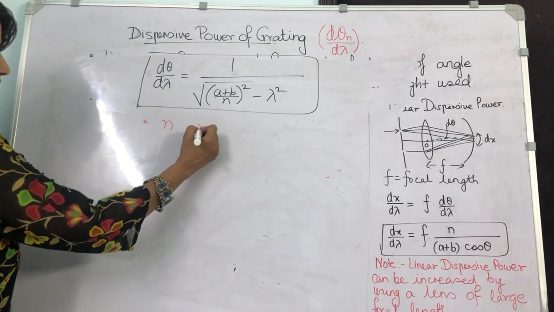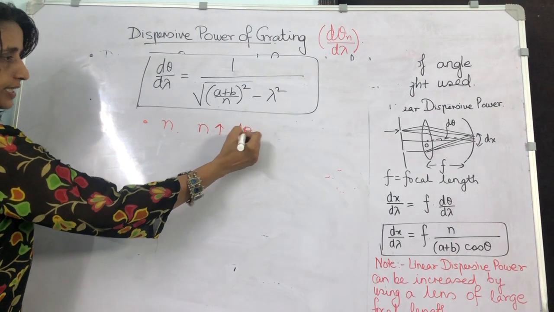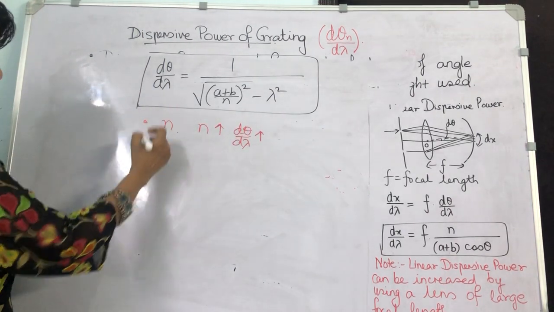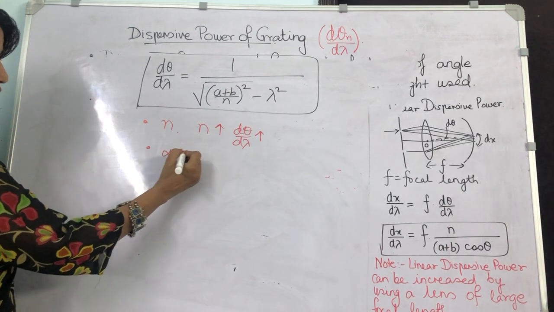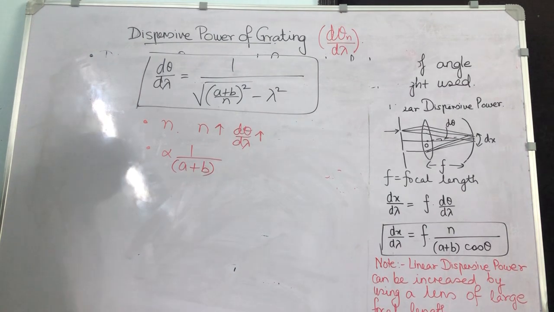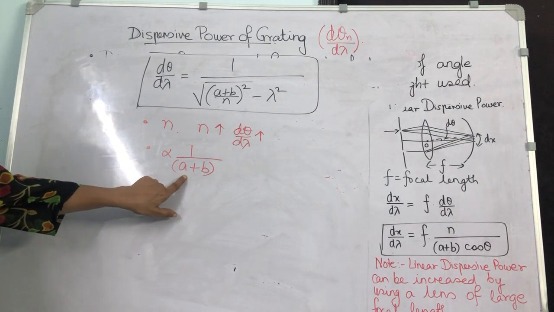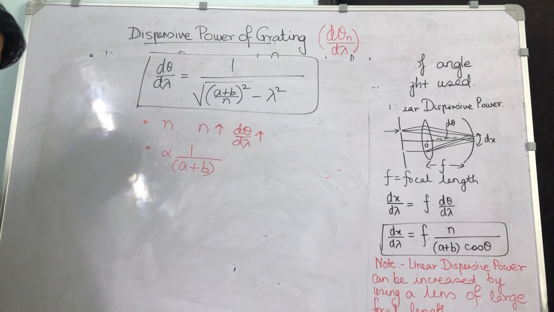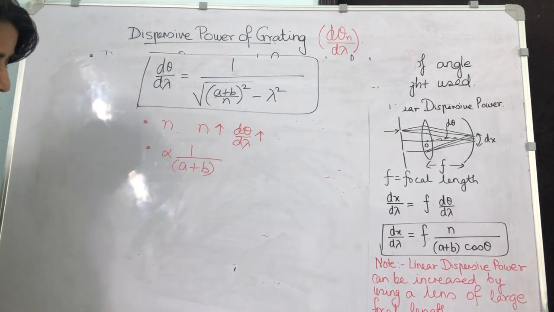So higher the n, higher the dispersive power. Then see, dispersive power is inversely proportional to the grating element a plus b. So dispersive power increases when the grating element increases, that is, when the closeness of the rulings increases.